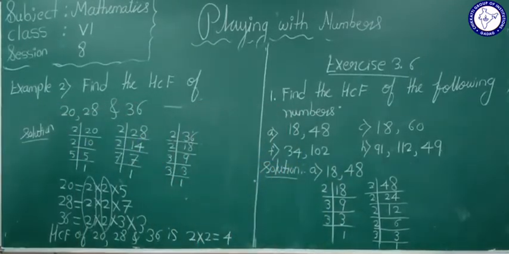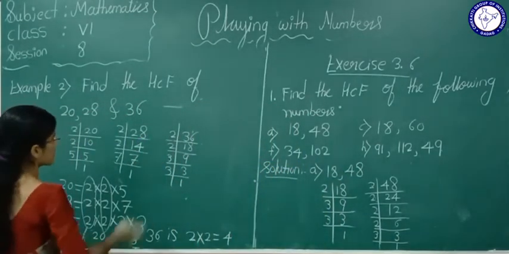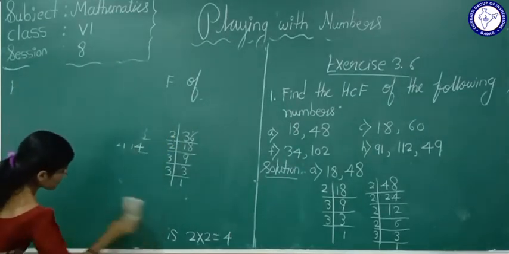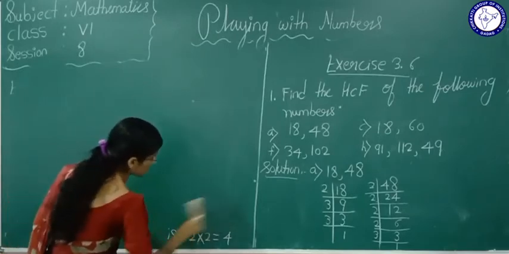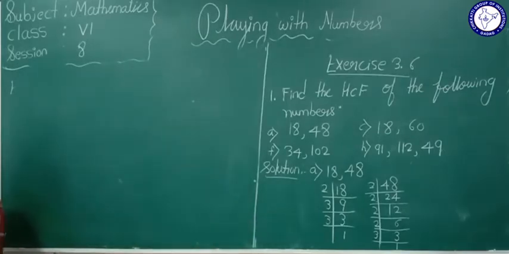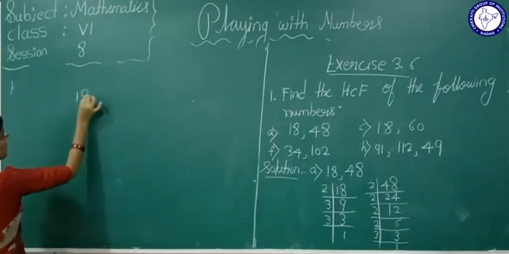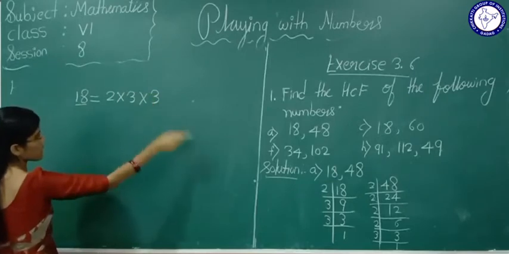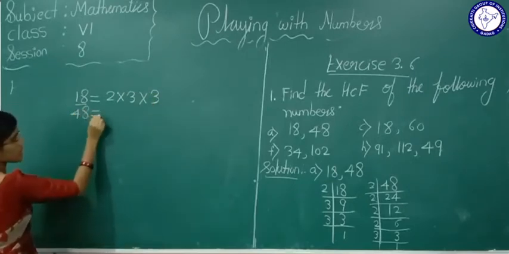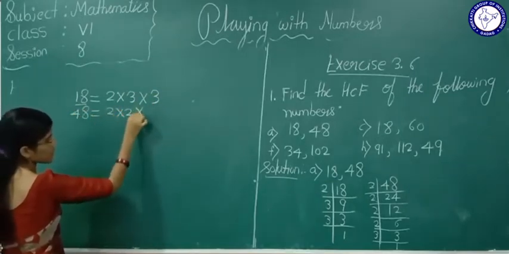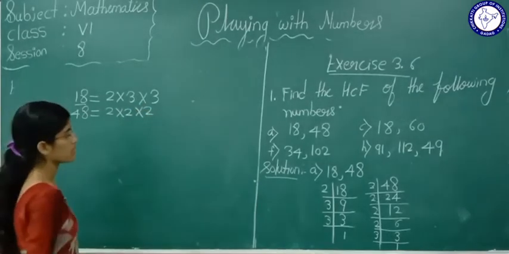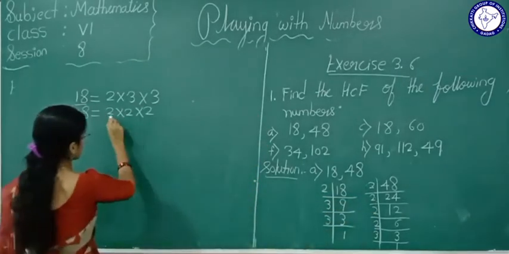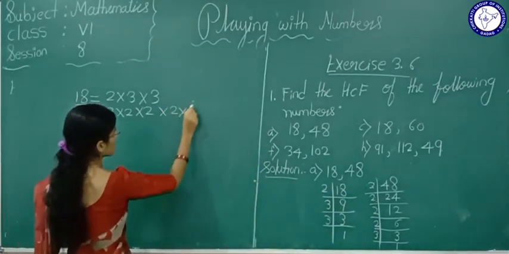Okay, now see here, what are the prime factors? What did we get in the prime factorization of 18? See here, the prime factorization of 18 is 2 multiplied by 3 multiplied by 3. So what about 48? 48 is 2 multiplied by 2 multiplied by 2 multiplied by 2 multiplied by 3.